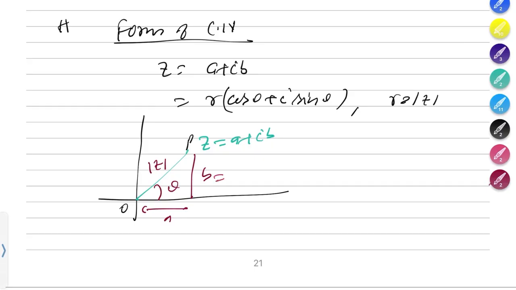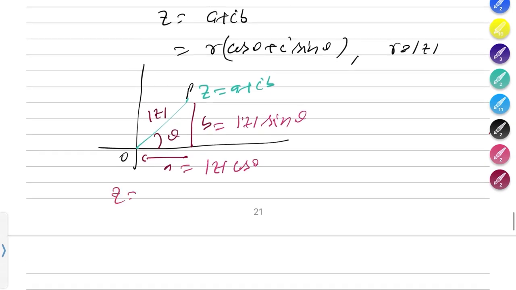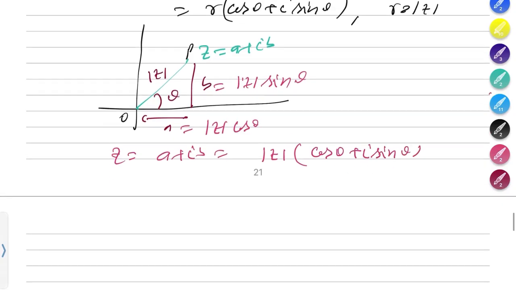So clearly b is mod z or r sin theta, and a is mod z or r cos theta. Now we can say z is equal to a plus ib, which is nothing but mod z times cos theta plus i sin theta.